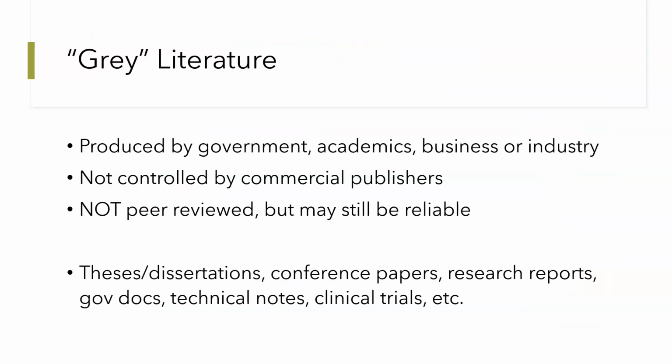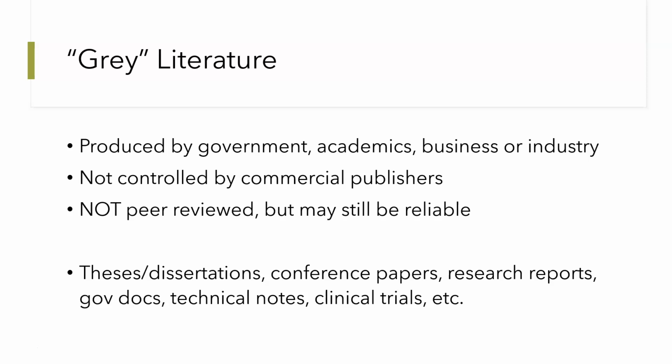Okay. I also wanted to touch on gray literature. So we've been talking about scholarly literature and peer review, but there's a lot of stuff out there that's not peer reviewed that's still good quality. Government documents are often considered gray literature, and there also might be stuff published by academics or business or industry that are still quality and useful but are not peer reviewed, so they're not considered scholarly literature.